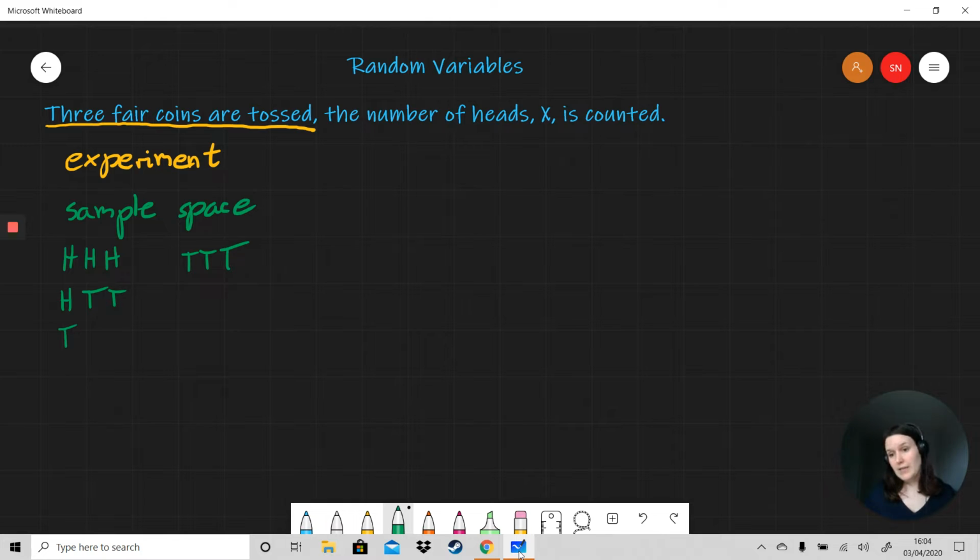Could be first tails and then heads and then tails, or tails, tails, heads. These are all the outcomes with 1 time heads, 2 times tails, or maybe 2 heads and 1 time tails in all the possible configurations. This is the sample space, so all possible outcomes.